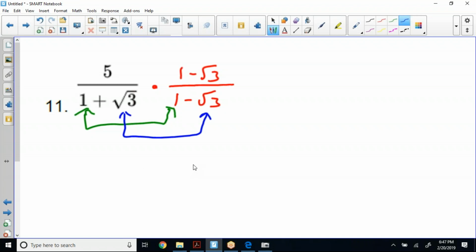I don't have to worry about the O and the I, because the O and the I ain't going to be there. Does that make sense? In the FOIL, it's the first and the last, because it's a difference of squares. O and I, they're going to go to 0, right? You know, take my word for it. Try it. Work it out. It'll drop. That's like positive 1 square root of 3, negative 1 square root of 3. Those cancel. Okay?